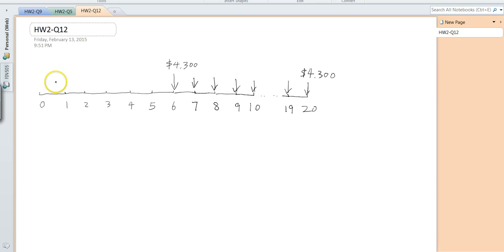So that means we need to calculate the true present value of this annuity. But again, this annuity is kind of unusual because in general the annuity's first payment should start from here, right?